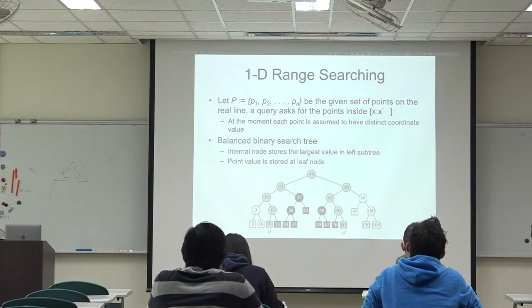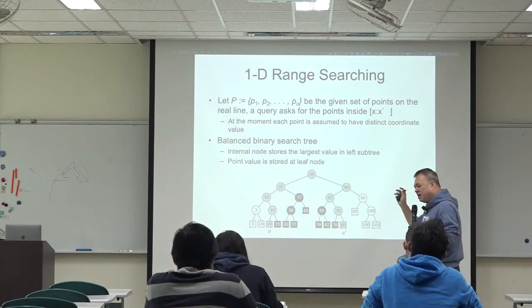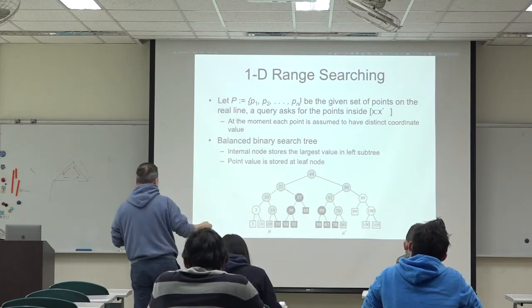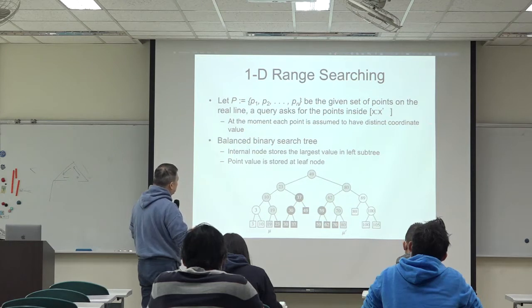For most points, I think the multiplicity will be 1. But if you have multiple points at the same location, you can give that point a multiplicity of more than 1, something like that. But let's not focus on degenerate cases. Let's just focus on non-degenerate cases. So we assume all the points have different values at this point.